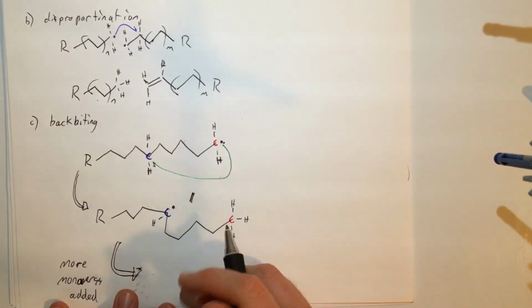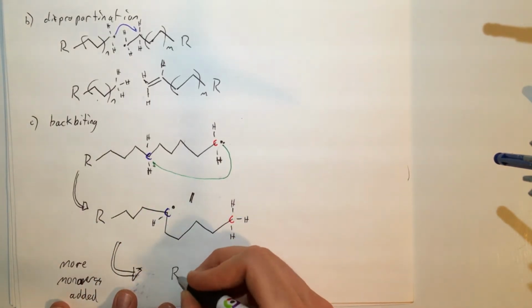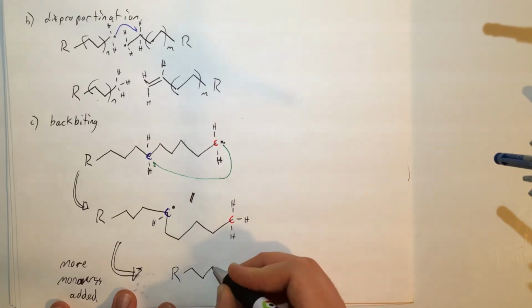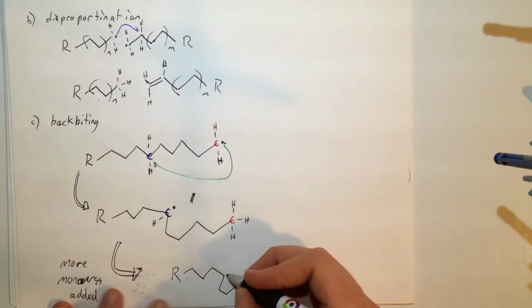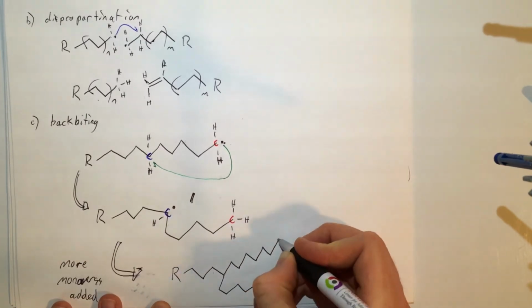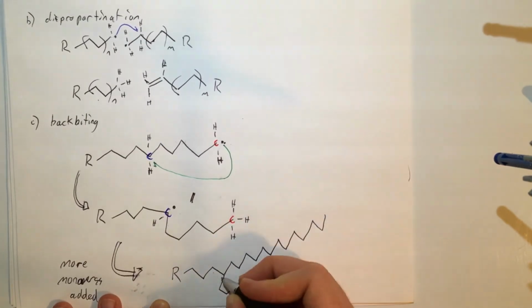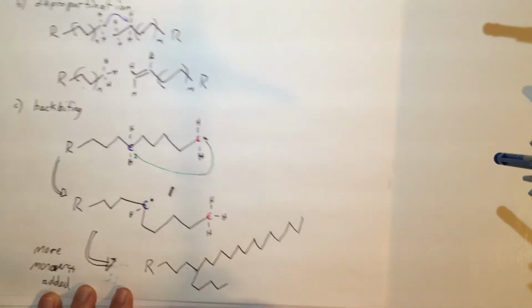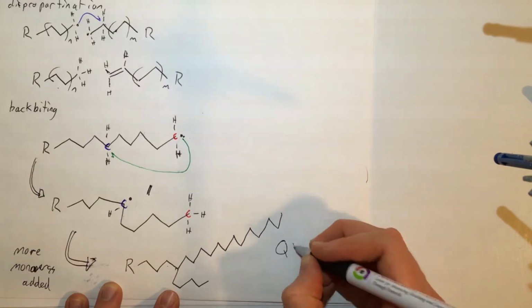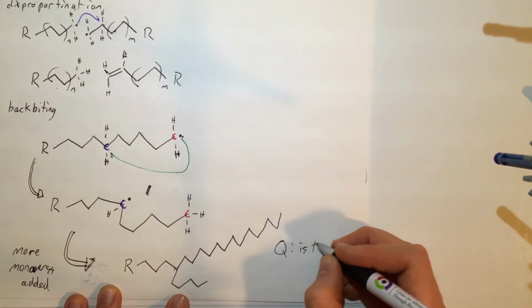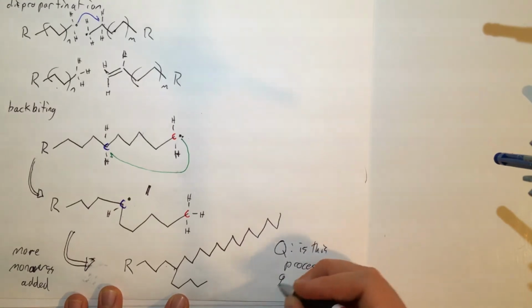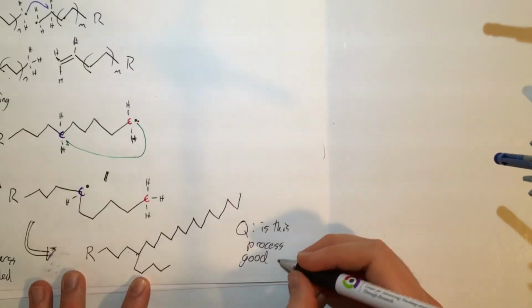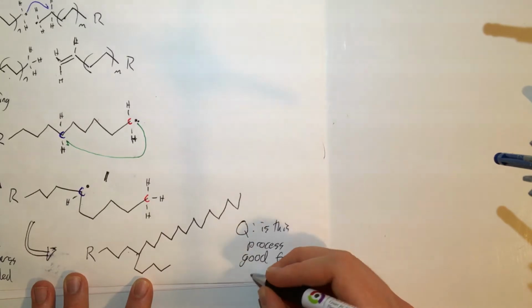Well, if more monomers are added, then we'd still have this chain, but then we could get further growth off of the site where backbiting occurred. Now, question: is this process good for mechanical properties?